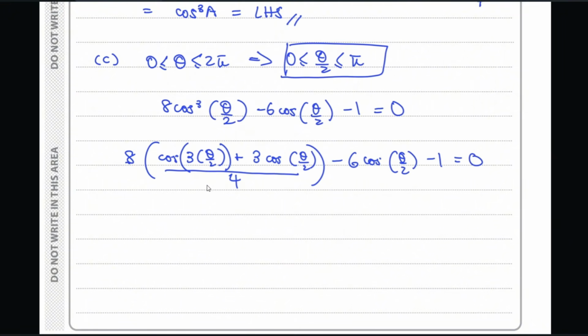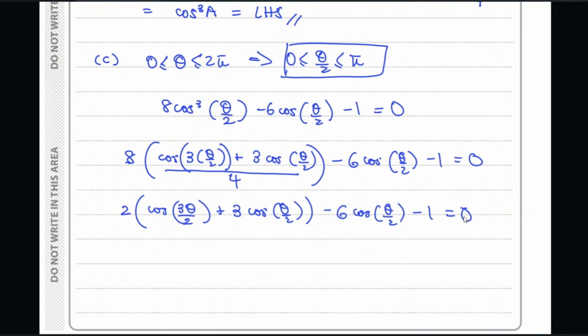Let's simplify this. So 8 divided by 4 is 2. So we have 2 bracket cos 3 theta over 2 plus 3 cos theta over 2, minus 6 cos theta over 2 minus 1 equals 0.